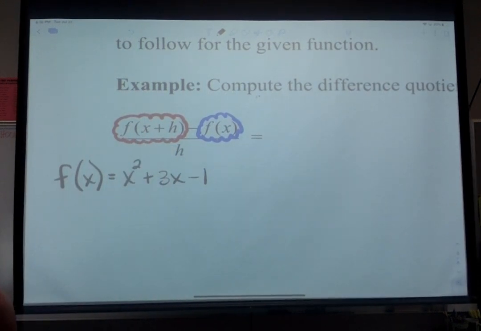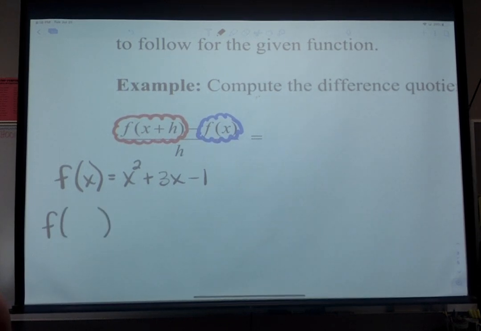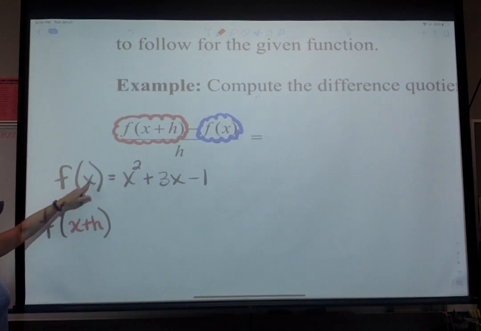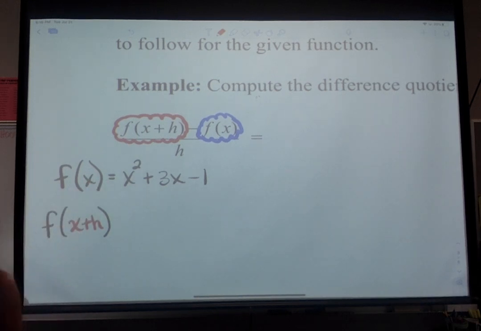Watch, here's what it's going to look like. Pay close attention. People tend to mess this up. Complete substitution. I'm going to put this in place of this. Keep it going.